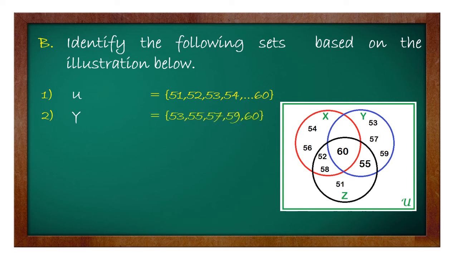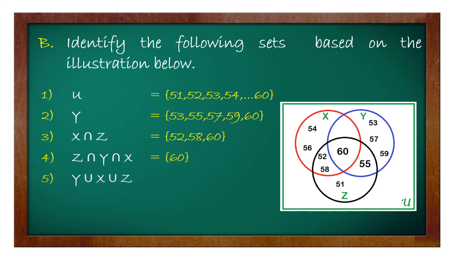We have 53, 55, 57, 59, and 60. The next is the intersection of the X and the Z. We have 52, 58, and 60. The intersection of the X, the Y, and the Z, and that is 60.